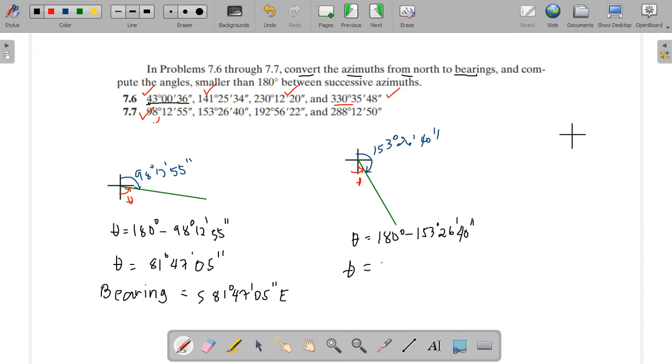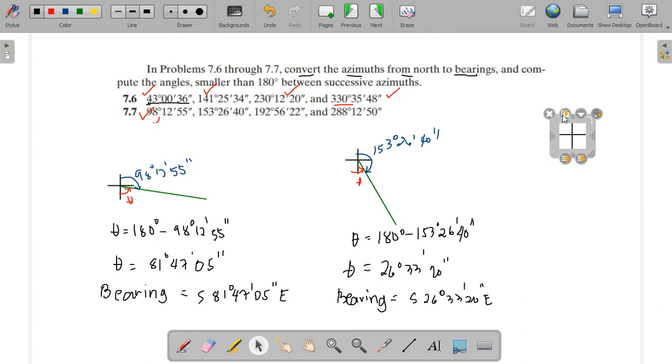That is equal to 26 degrees 33 minutes and 20 seconds. So the bearing of the line is southeast: south 26 degrees 33 minutes and 20 seconds east. Okay, now let's move to number 3, 7.7.3.